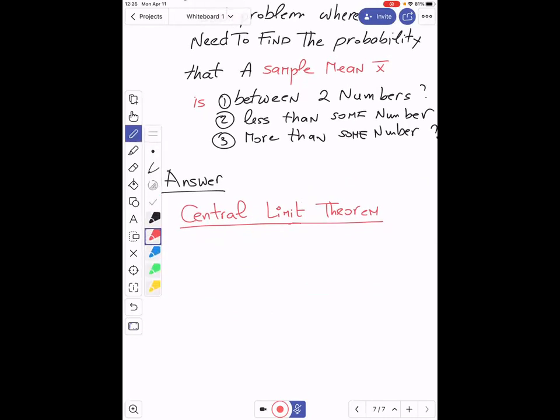Let's use the first version, version 1, which is for a normal distribution, like in our example, the length of fish.